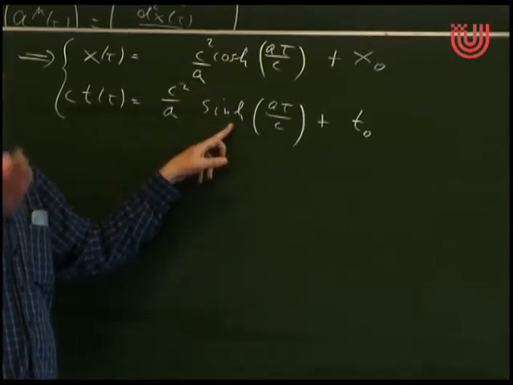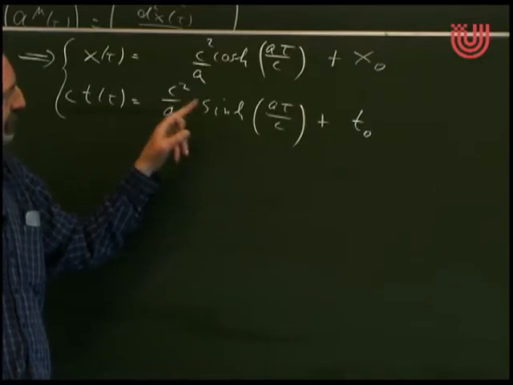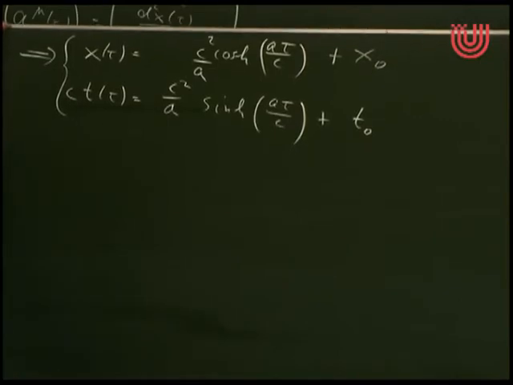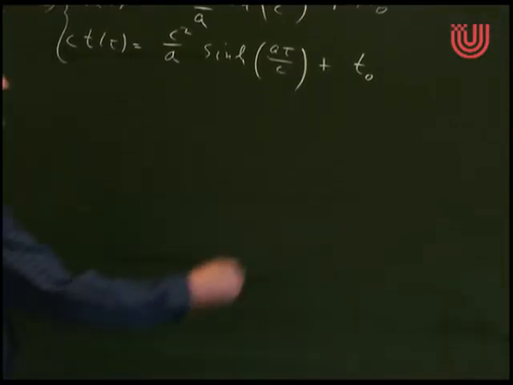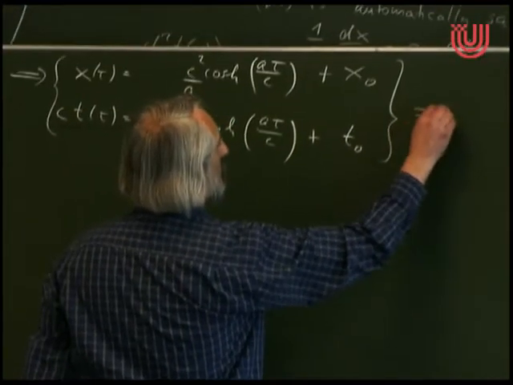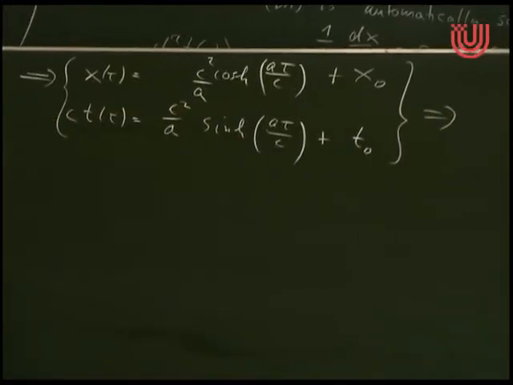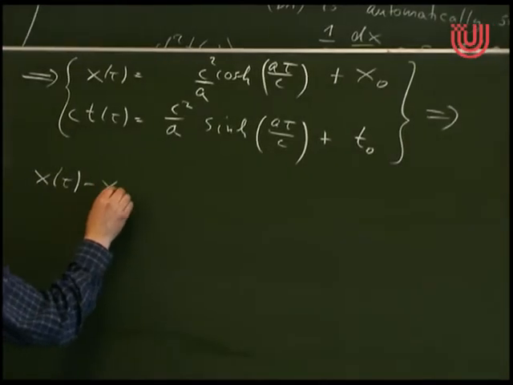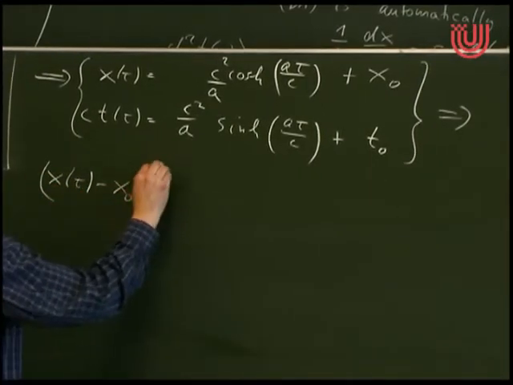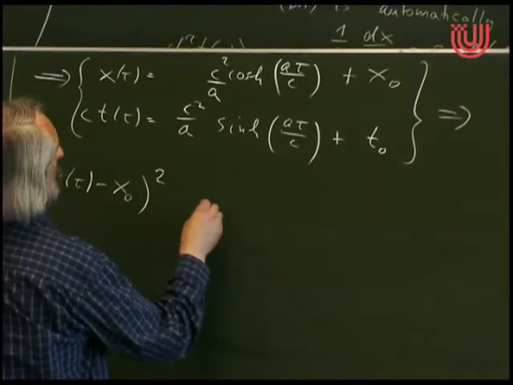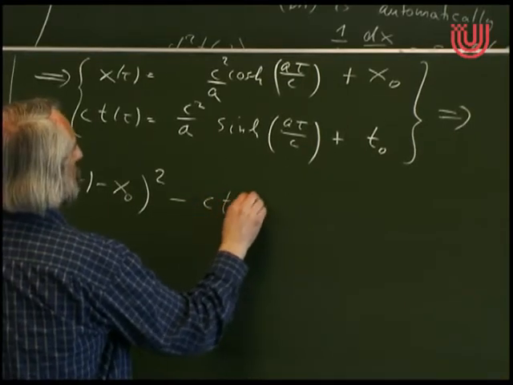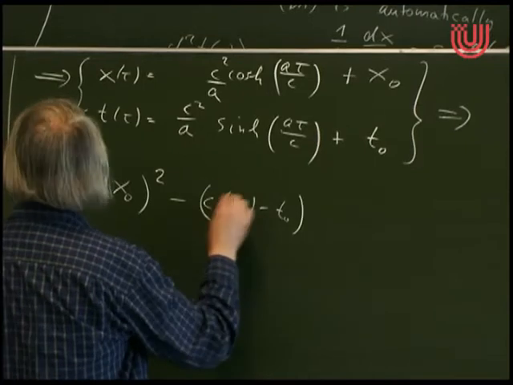And some of you already suggested that then we don't get a circle, but rather a hyperbola, right? And if you want to see this, you can easily see this. So this implies, I think the easiest way of doing this is writing it in this way. x minus x naught squared minus c t of tau minus c t naught squared.